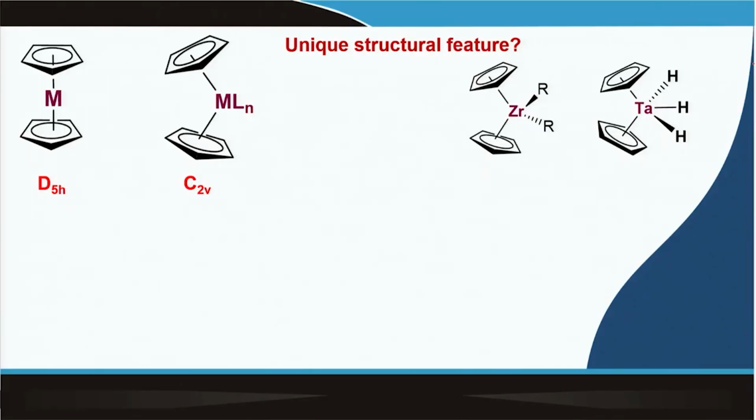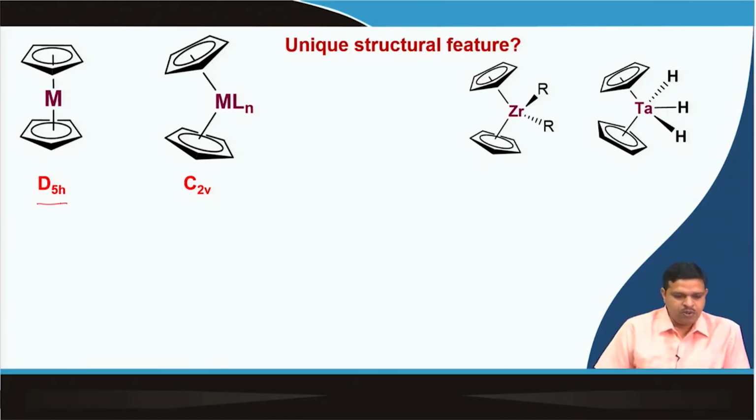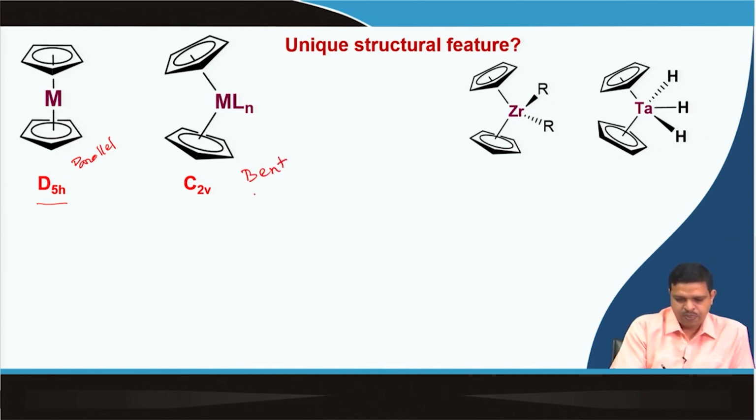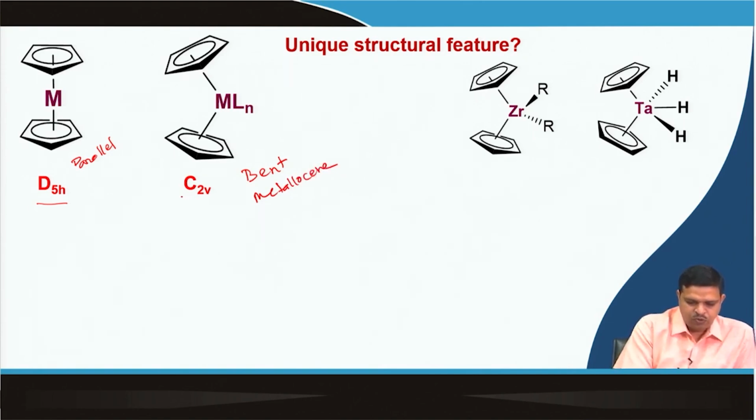You see that this is the D5h, that is the eclipsed form, as example ferrocene, where two Cp ligands are parallel, and this is the bent metallocene. So, this is the parallel and this is the bent metallocene, and you see that the point group is C2v.